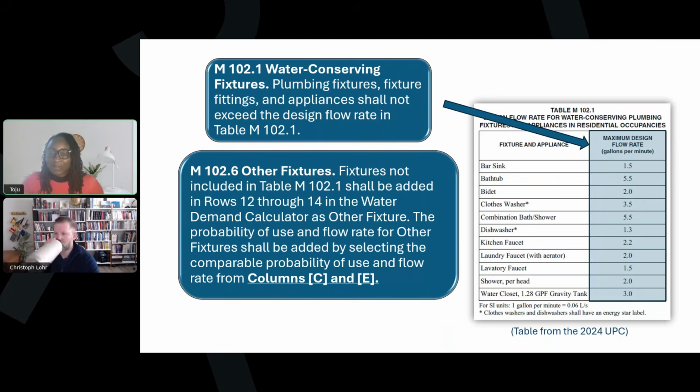These flow rates, which are low and exemplify efficient fixtures, are what the water demand calculator suggests we should use, because we are looking to the future. We're trying to use less water, and fixtures are now designed for efficient use, with lower flow rates. That's what we're aiming for.